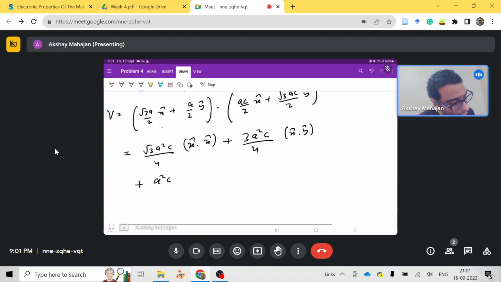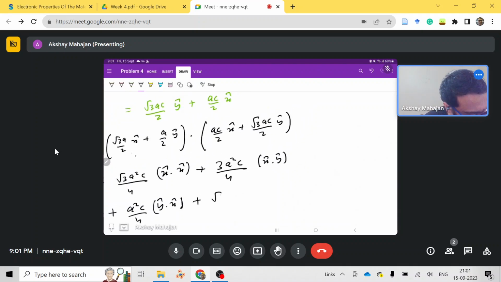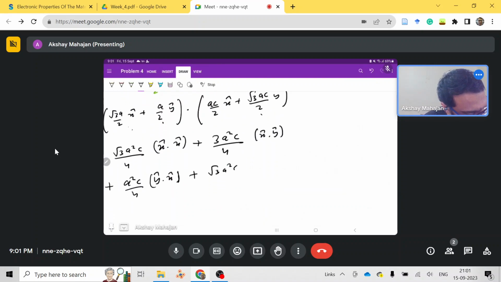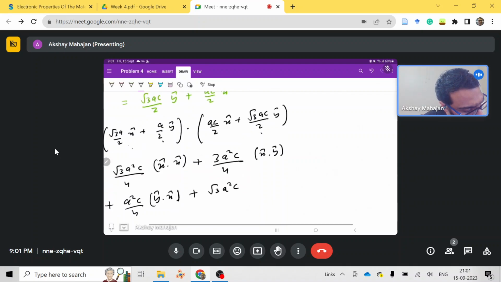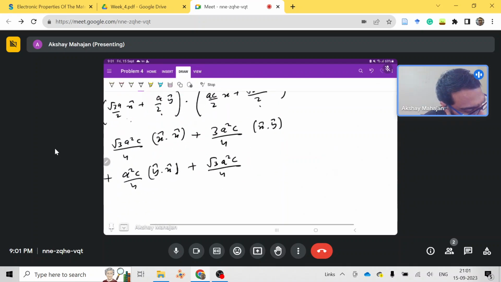Then we have a square c by 4, doing this and this, a square c by 4 y cap dot x cap plus we will have root 3, using this, doing dot product of this and this, root 3 a square c by 4 y cap dot y cap.